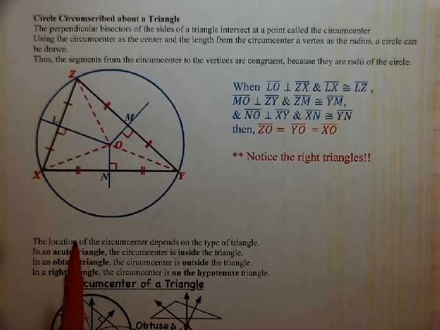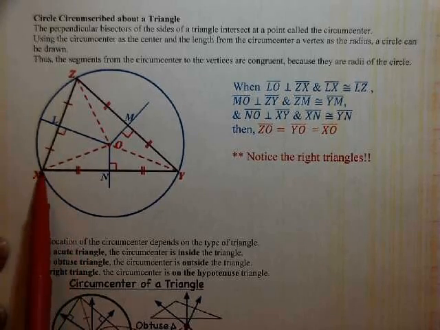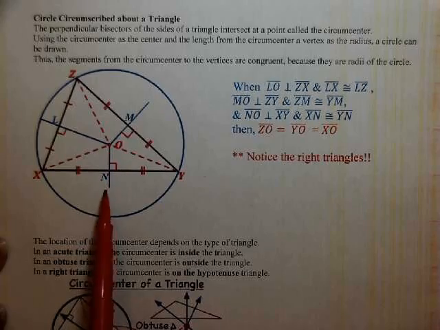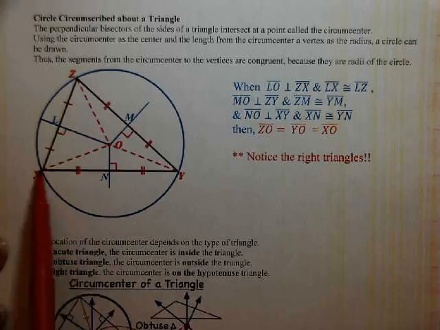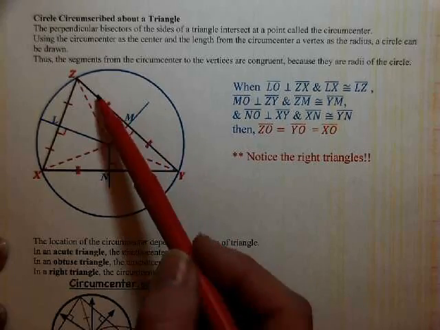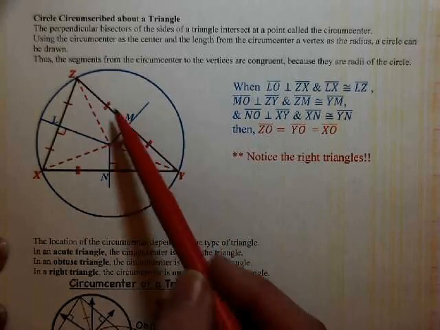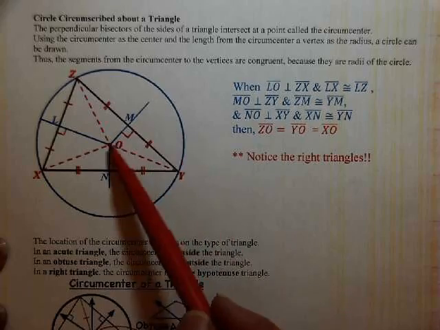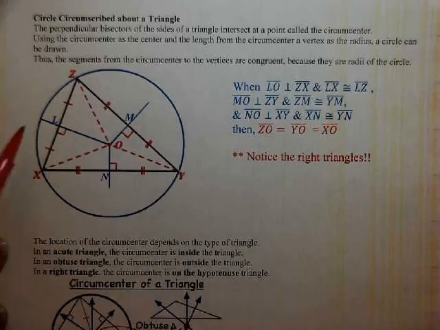So what I need you guys to see here is that on this side we have done a perpendicular bisector here, and that means that we have cut this side in half. Here, same thing, we have cut this side into two equal parts, bisected it with a perpendicular bisector, and same thing here.